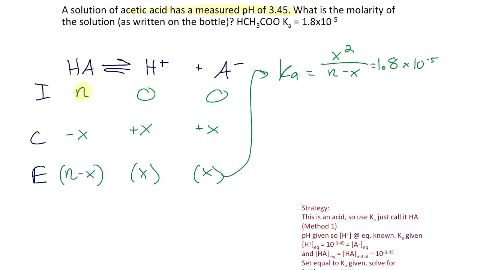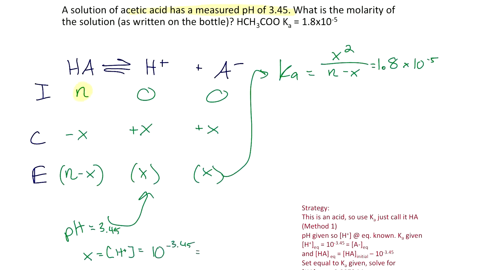So what piece of information did we not use yet? pH. So pH is going to tell us which of those variables, N or X? X, because pH tells us our H plus concentration at equilibrium. Not the value, but we're just one step away from that. So if pH is equal to 3.45, that means X, or the H plus concentration, is equal to 10 to the negative 3.45.